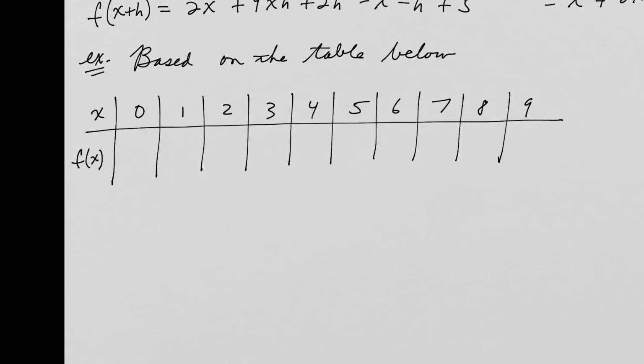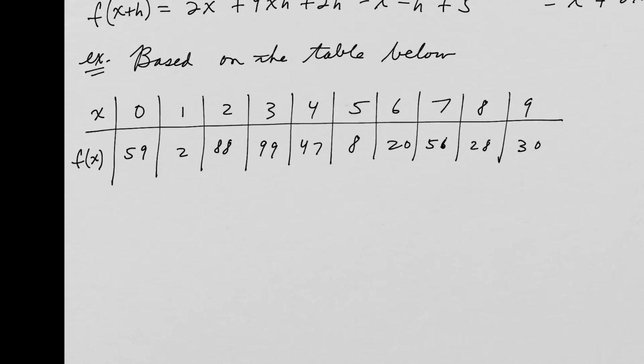Let's say the output values are 59, 2, 88, 99, 47, 8, 20, 56, 28, and then 30.